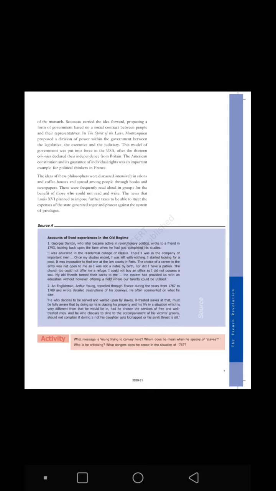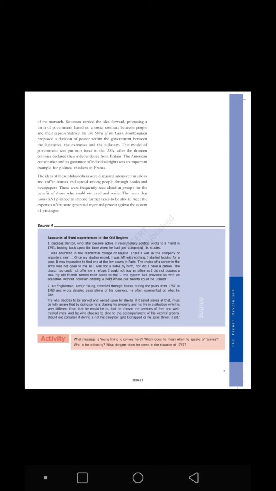2. An Englishman, Arthur Young, traveled through France during the years from 1787 to 1789 and wrote detailed descriptions of his journey. He often commented on what he saw.